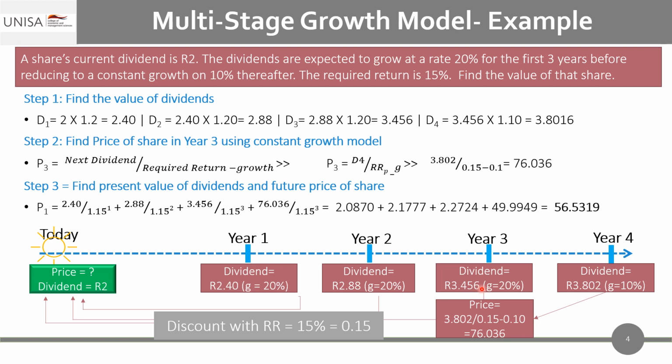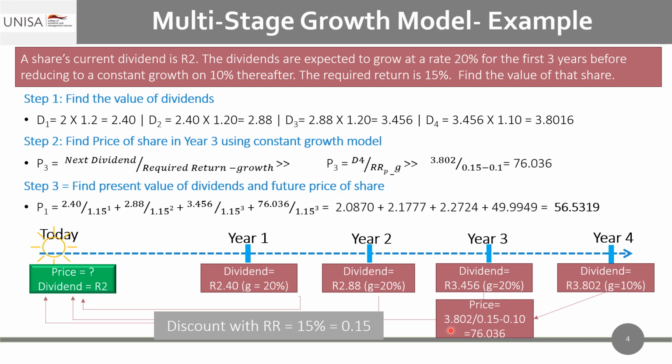Then from year 4 onwards, it's growing by 10%, which is 3806. So this 3802 is important because it is going to help us find the value of the shares in year 3, which is at the end of the high growth period.